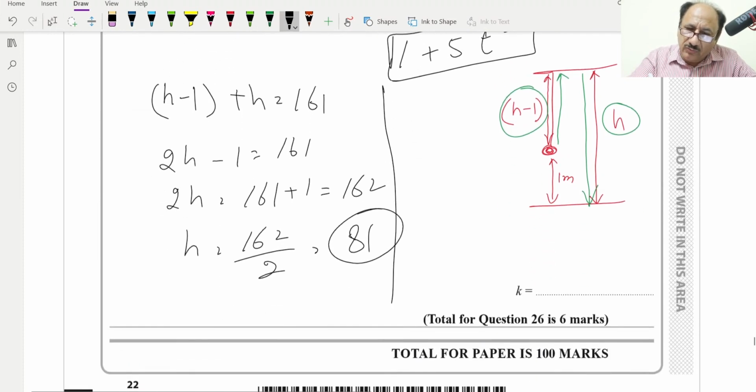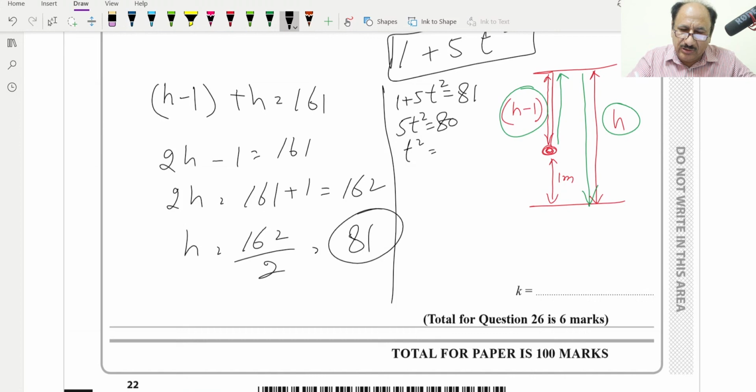So we can write over here 1 plus 5t squared is equal to 81, and now we can find the value of t. We can write 5t squared is equal to 80, so t squared is equal to 80 over 5, which is equal to 16, so t will be equal to plus or minus 4, and we will take the value of 4.